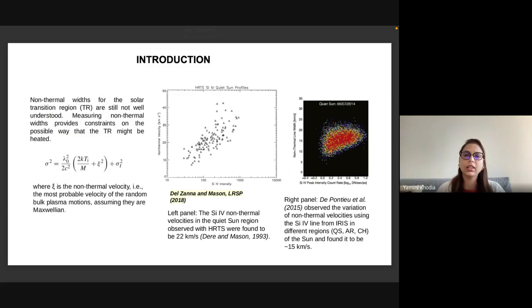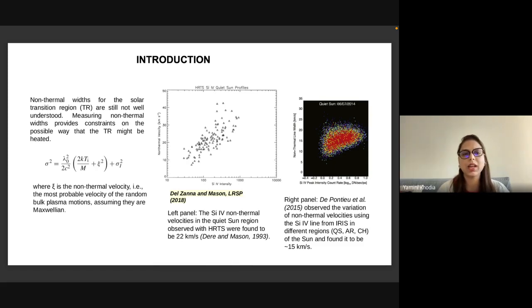Before moving on, why do we need to study the non-thermal width? Generally, any width of the Gaussian has contributions from three different components. One is the thermal component, another is the non-thermal component, which we generally define as the excess broadening, also known as the non-thermal width. And then we have the fixed instrumental broadening. Generally, for any line on a particular instrument, the thermal broadening and the instrumental broadening are constant.